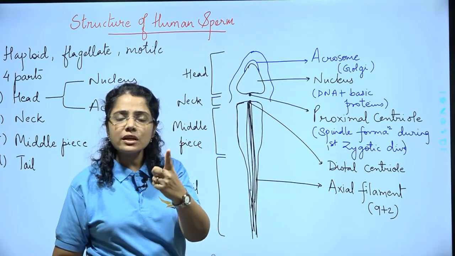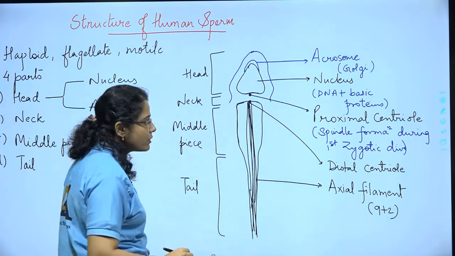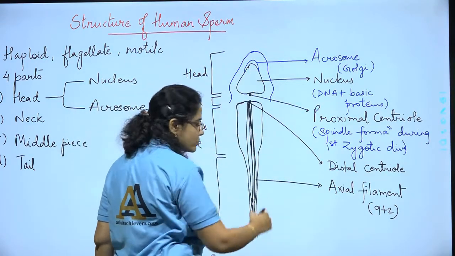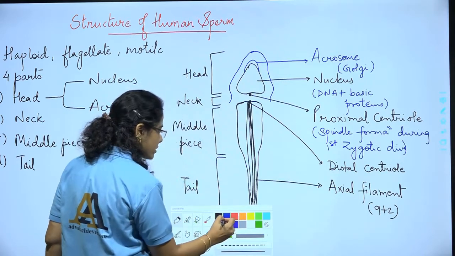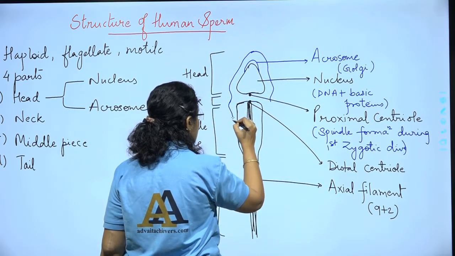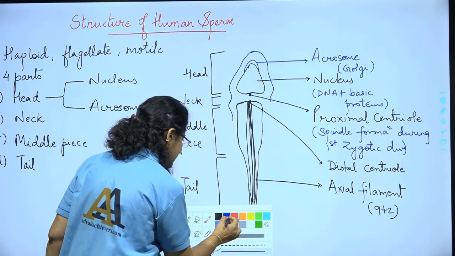What majorly remains is our Nebenkern. As we said, the whole structure is going to get covered with the plasma membrane. So we'll first cover it with the plasma membrane, and then I'm coming back to the Nebenkern.